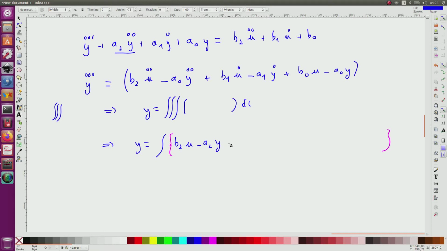Then I will have another integral, and inside I will have b1 u minus a1 y, and plus a last integral of b0 u minus a0 y.